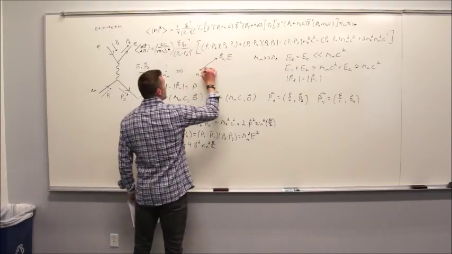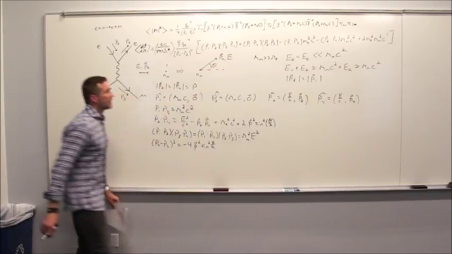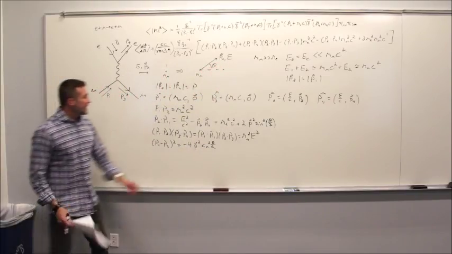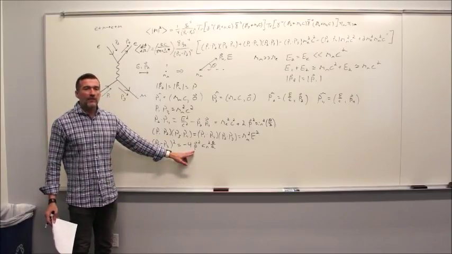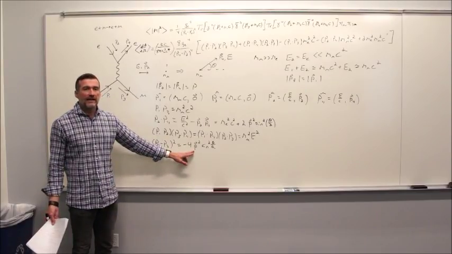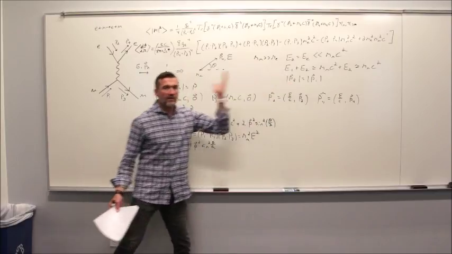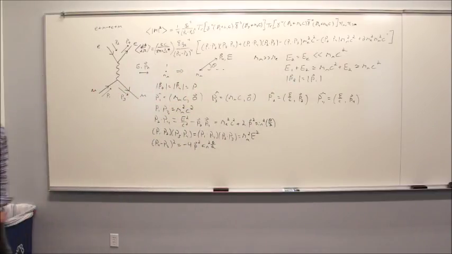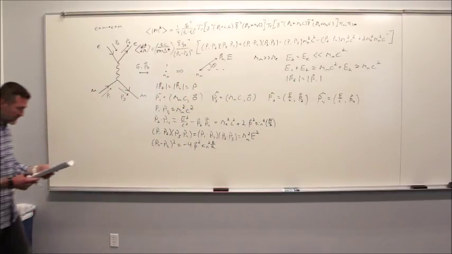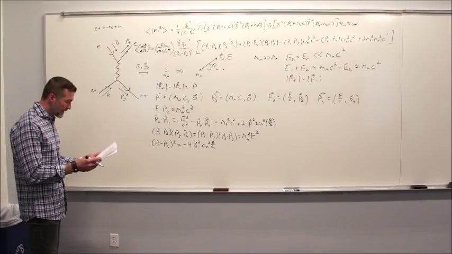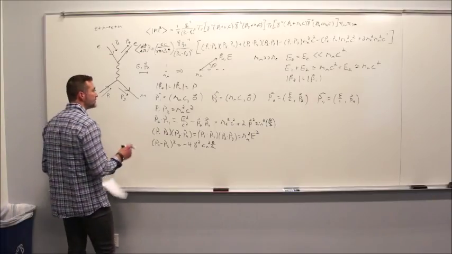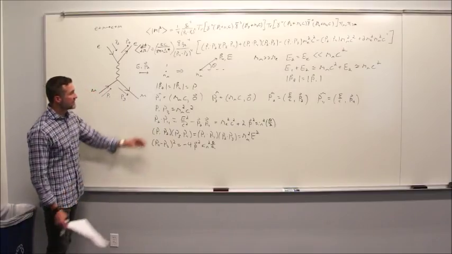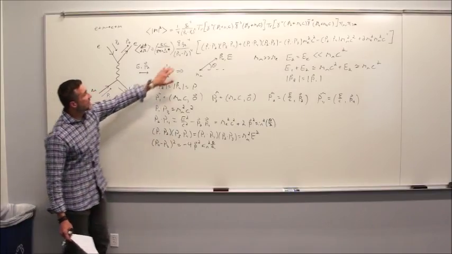Theta is the scattering angle. And then this is just P without a label, because if you're squaring it, you're just looking at its magnitude, and the magnitudes of all of the momenta are the same, so I no longer have to label the spatial momentum.